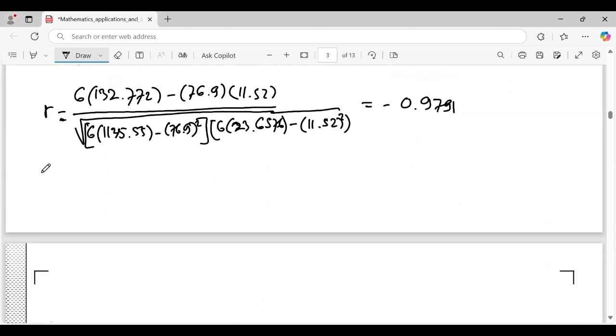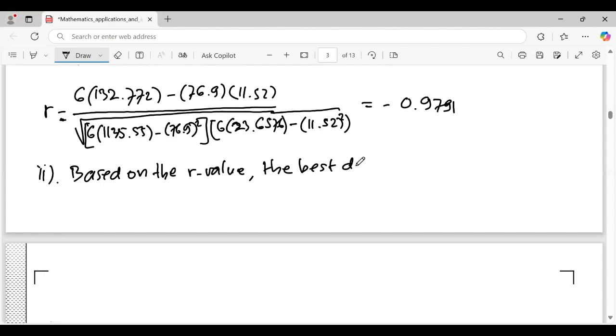So two, based on the r value, the best description of the correlation.